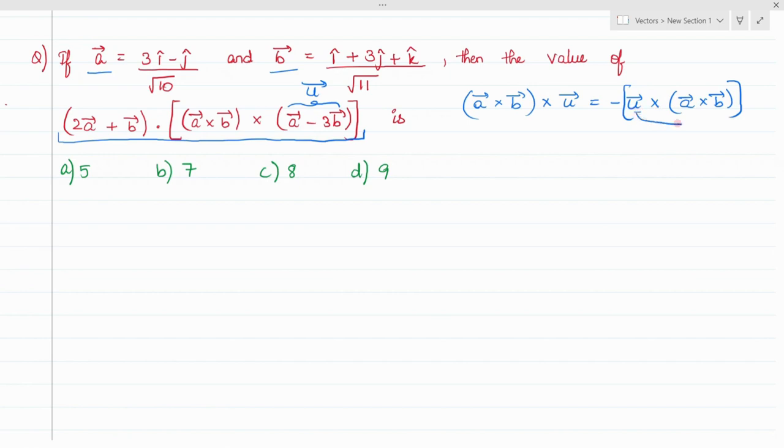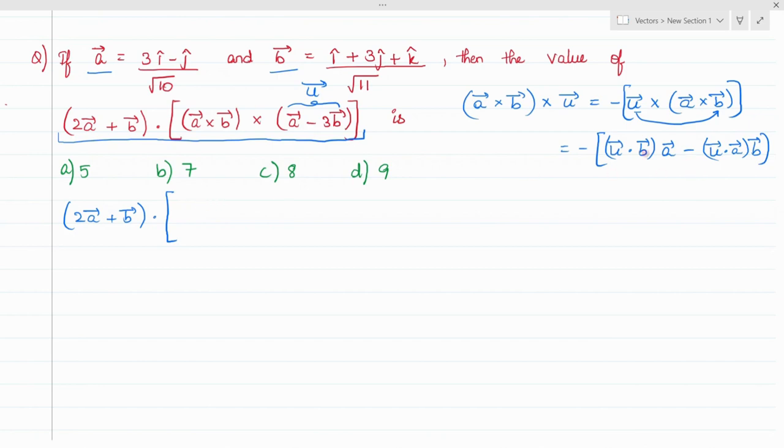That is, first take the far value, it becomes minus of u dot B, write A as it is, minus u dot A, write B as it is. Similarly, here also you can write it as 2A plus B as it is.